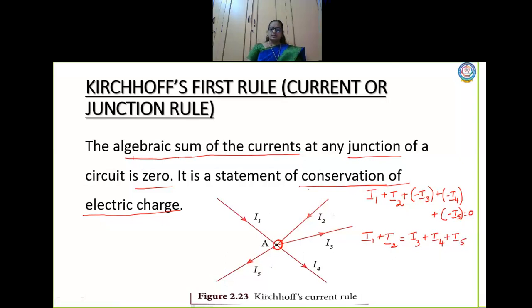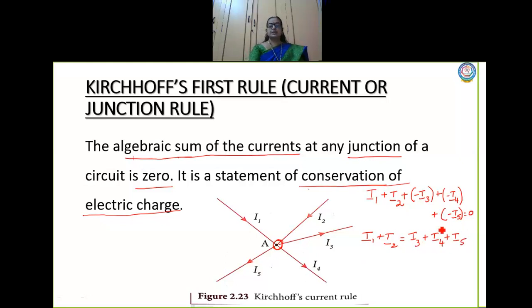Now, the meaning of this equation is the sum of the currents. The sum of the currents entering the junction is I1 plus I2, because I1 and I2 are towards the junction, whereas I3, I4, I5 are moving away from the junction. So the sum of the currents entering is equal to the sum of the currents leaving.